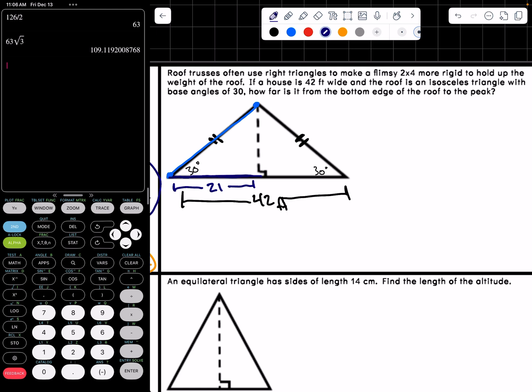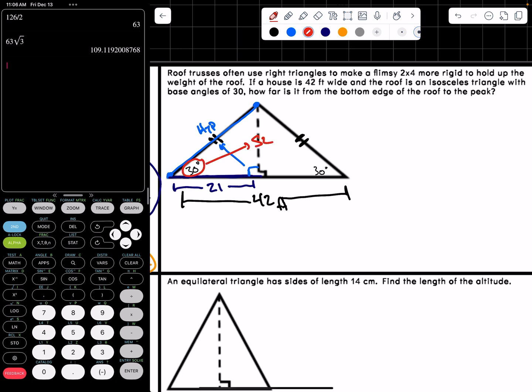And the thing I'm looking for is my hypotenuse. My short leg is going to be all the way over here.